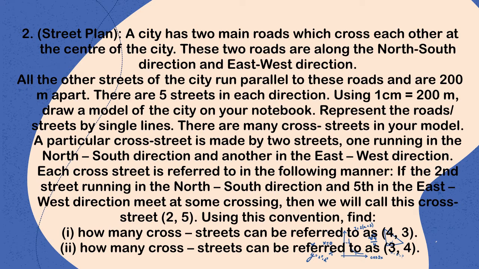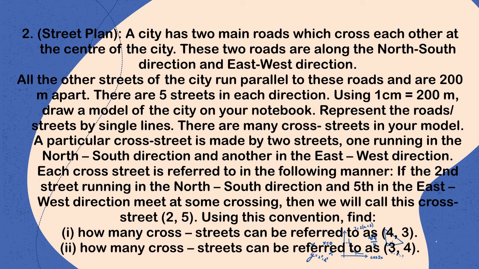So the point (4, 3), as you can see from the diagram, is over here. 4 means the x-axis streets. On the x-axis, the east-west direction, I will see the point 4.